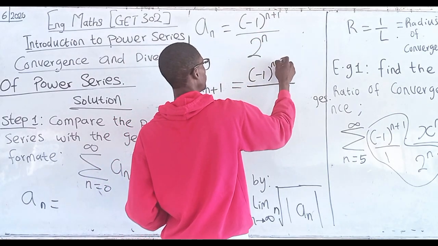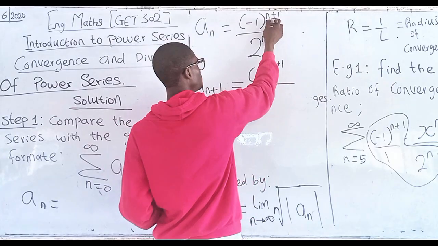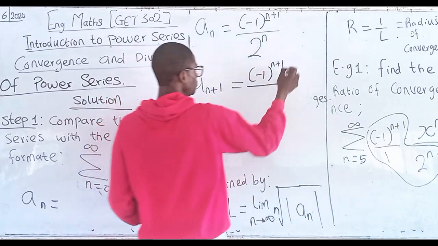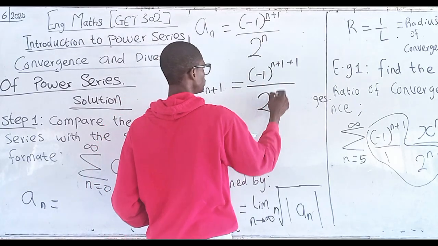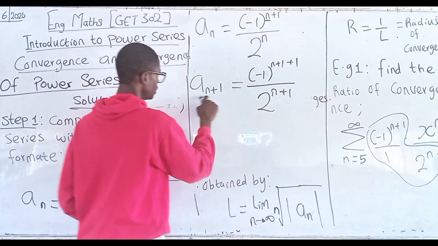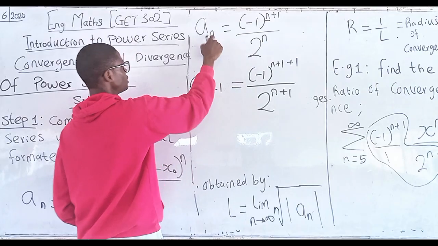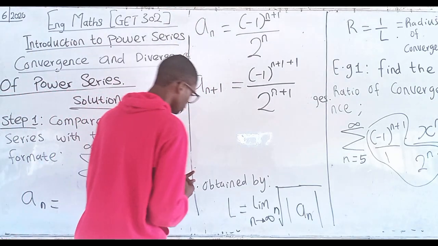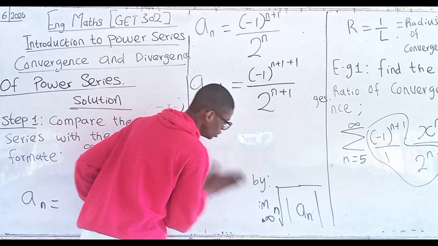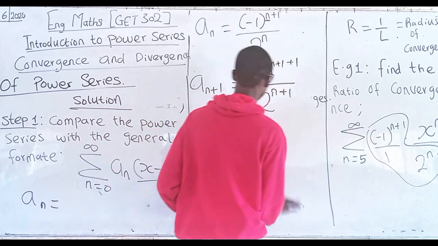I'm replacing this, then the plus 1 is still there. All over here, n, I'll put n plus 1 because n plus 1 here is representing n. Do you understand? Okay, so that is just the trick to get that out.